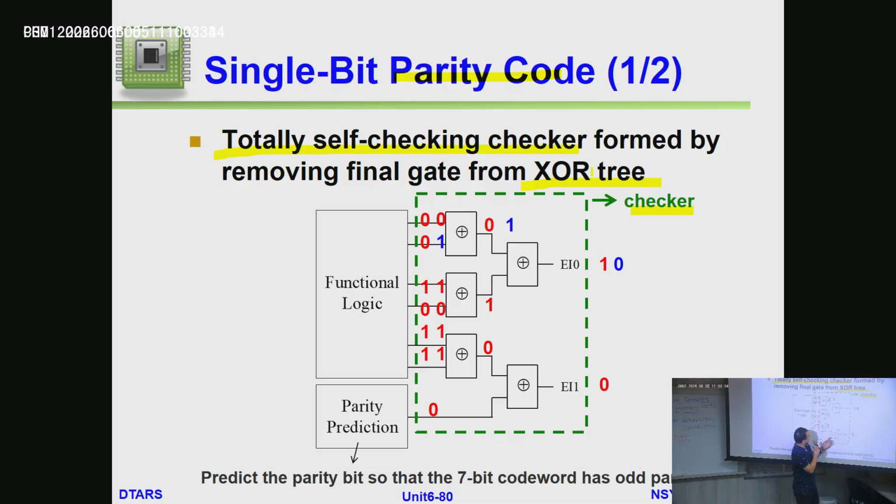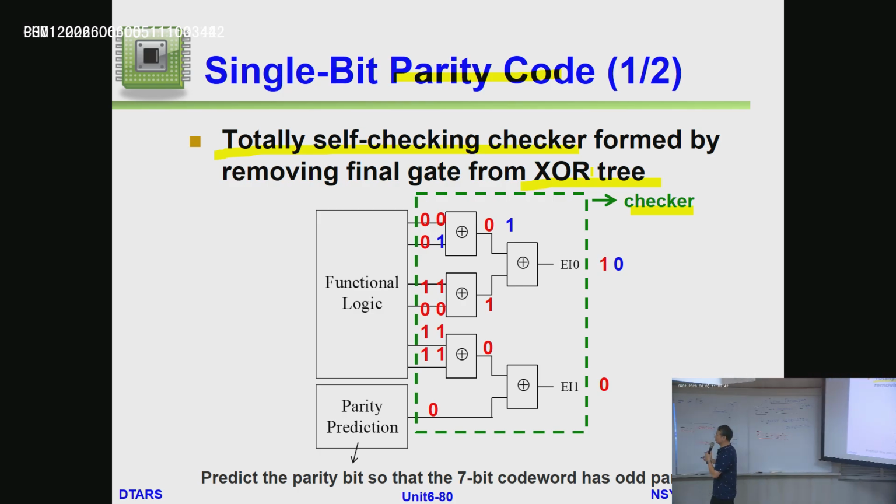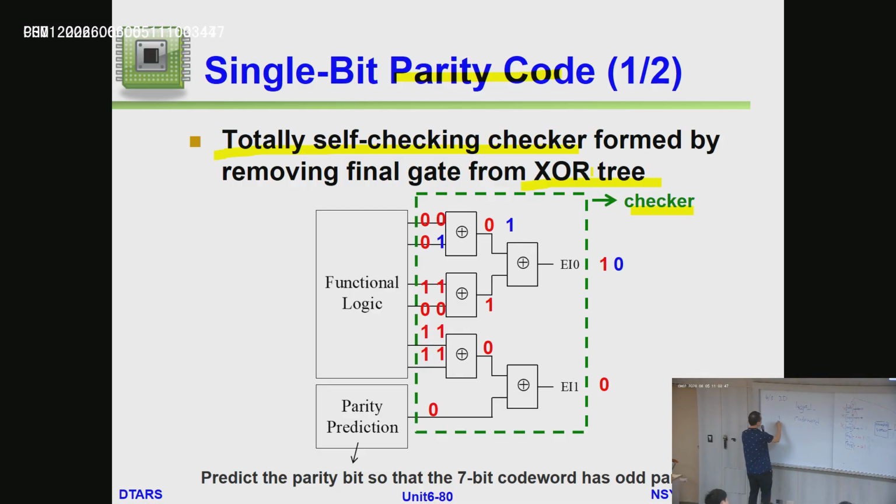However, if there is, for example, a stuck-at-1 fault in the output here, then this 0 will become 1. So for this example, legal code words for the output should be 1 0 or 0 0. However, if there are some faults inside the checker, it will become, for example, 1 1 or 0 1. This is an illegal code word.